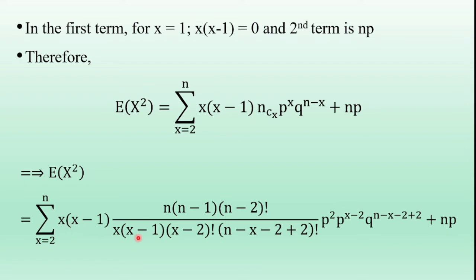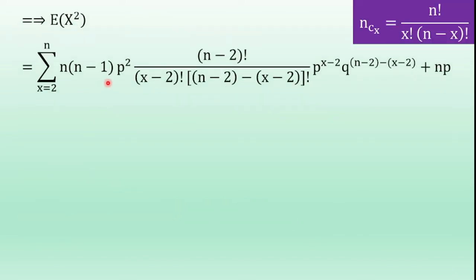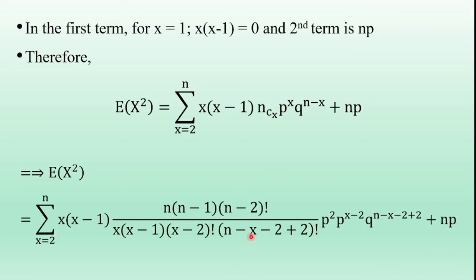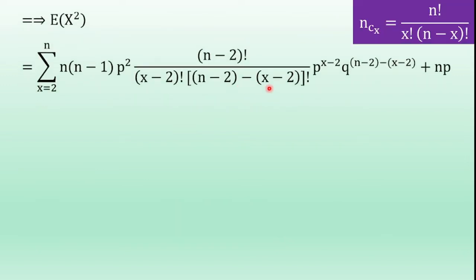Now here x into x minus 1 is cancelled in numerator and denominator, and the remaining term is sigma x is equal to 2 to n, n into n minus 1 into p square into n minus 2 factorial by x minus 2 factorial into, this term is written as n minus 2 minus of x minus 2 factorial, into p power x minus 2, q power, that q power term is arranged as q power n minus 2 minus of x minus 2, plus np.